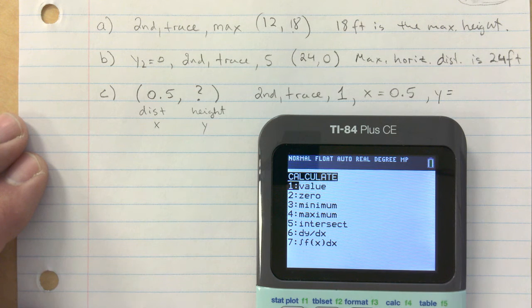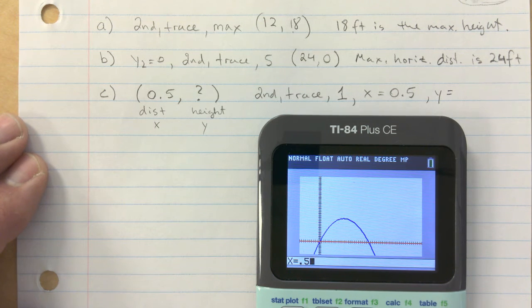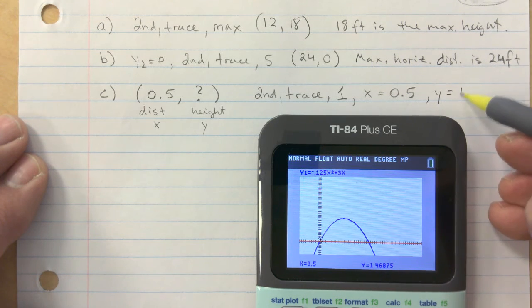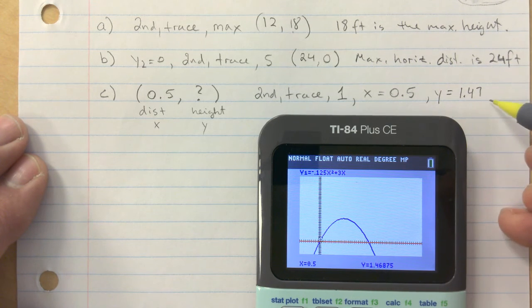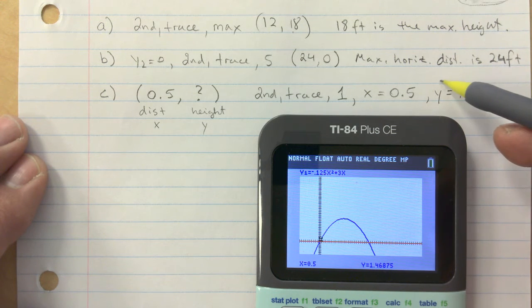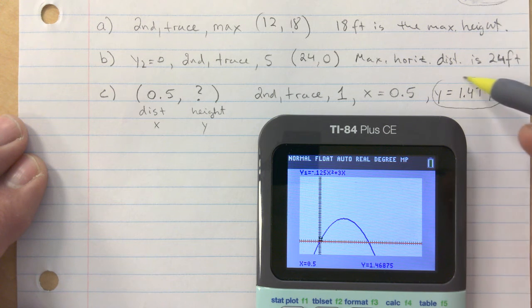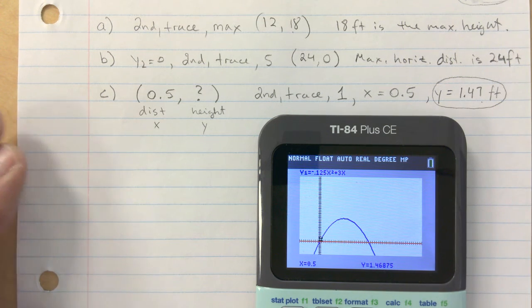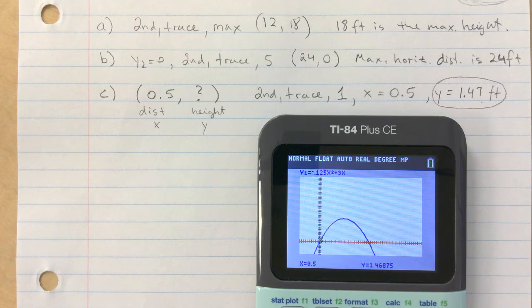Second trace 1, put in 0.5, and y is 1.47. Okay, 1.47. And you can put down feet. And if you circle that and tell me that that's the answer, you have your units there, everything is there, you have your keystrokes, that's all I need. Okay.